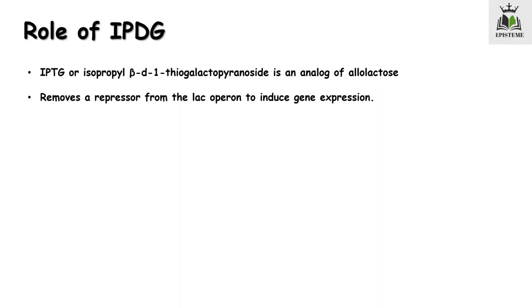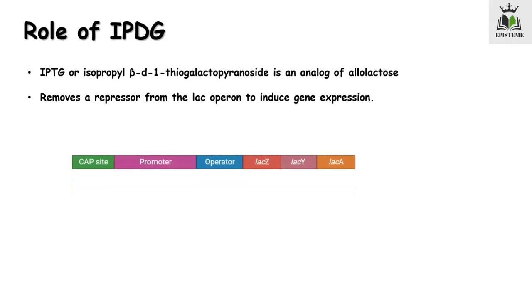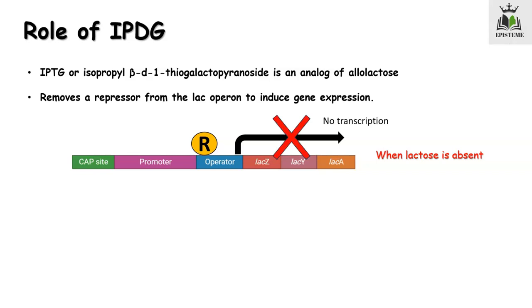IPTG is actually an analog of allolactose, and you see this is the lac operon region. When the media has no lactose in it, the repressor binds the operator region, and as a result of this repressor binding, the transcription is inhibited.